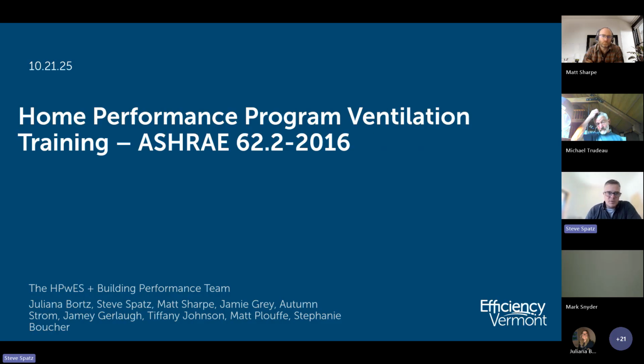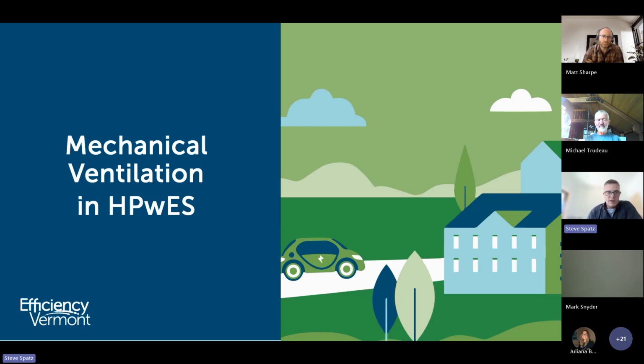So I felt this was important to level set with everyone, give you the actual formula of what we're talking about here now, and how it applies to existing homes primarily. This standard is required for ventilation in the Vermont Residential Building Energy Standard.